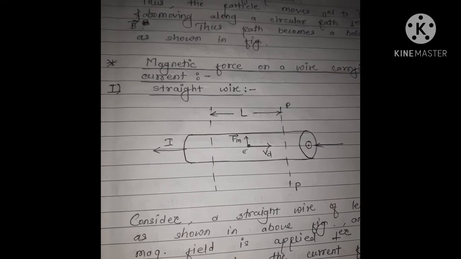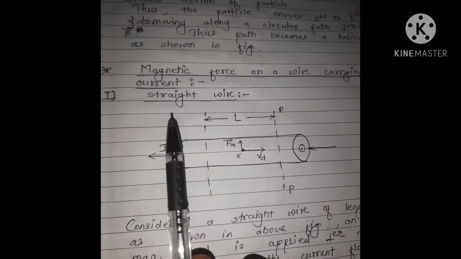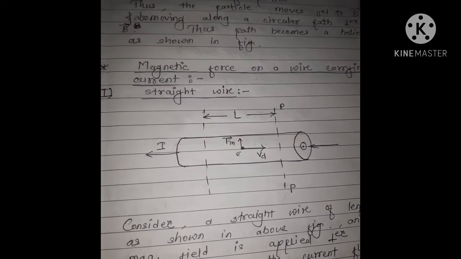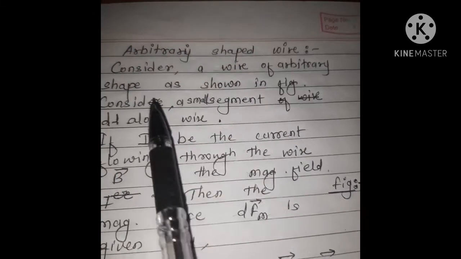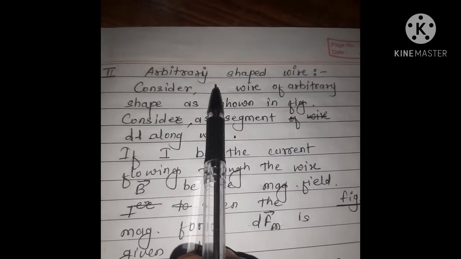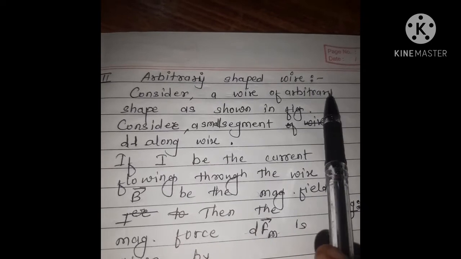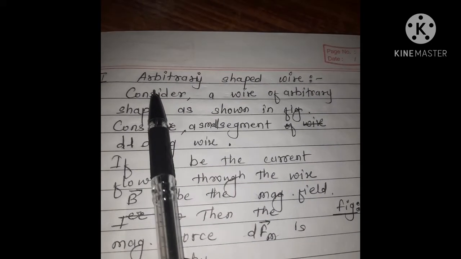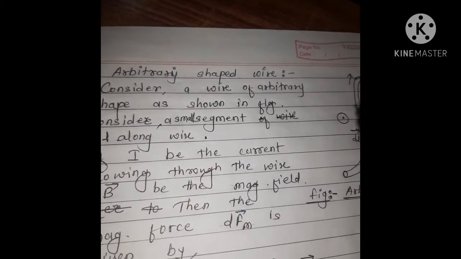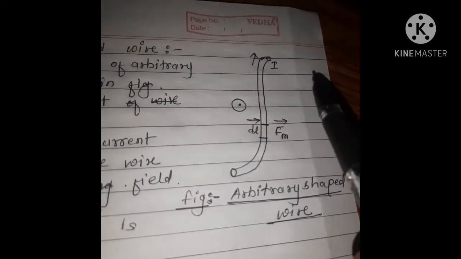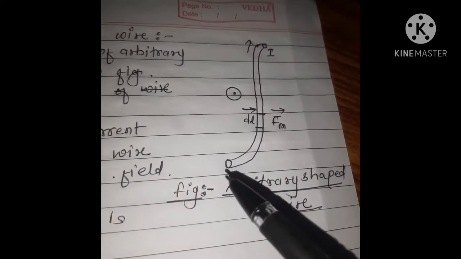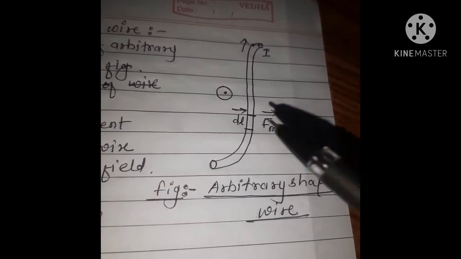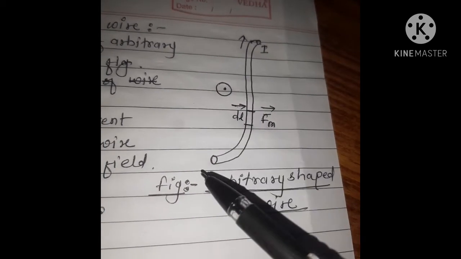Now we are going to discuss the magnetic force on an arbitrary shaped wire. Arbitrary shaped means an irregular shaped wire, as shown in the figure.